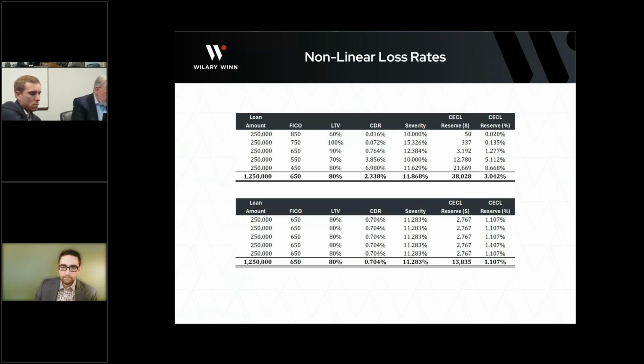So we have $1,250,000 of loans, and in the first example, we have them broken out by FICO range and LTV. And you can see that from our model, we calculate a 3% loss rate. And if you say, okay, I'm at a less granular level, and I take the average, so I have a $1,250,000 pool, the average FICO is 650, the average LTV is 80, I calculate a loss rate of 1%.